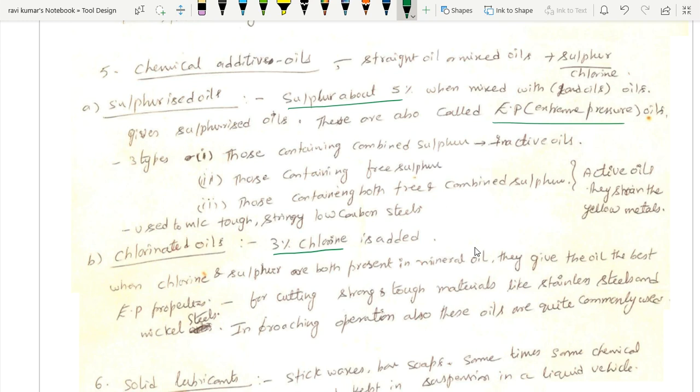When I apply great pressure, such as in situations like broaching operation, thread cutting, or deep drawing operation.